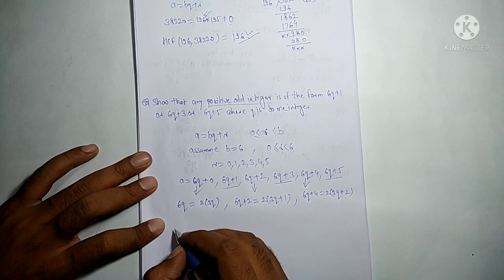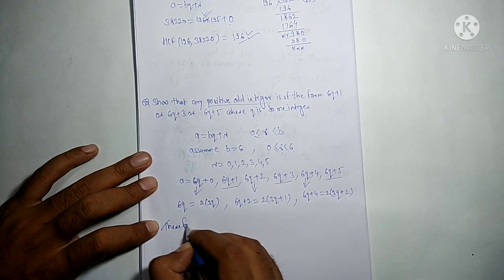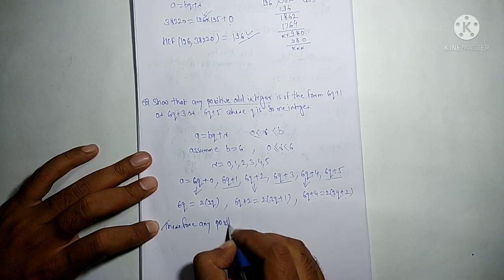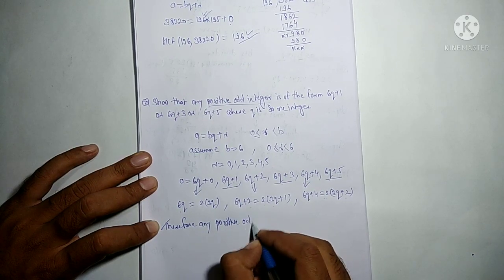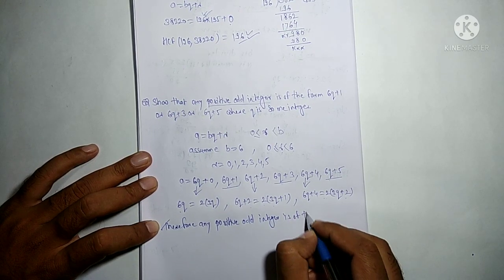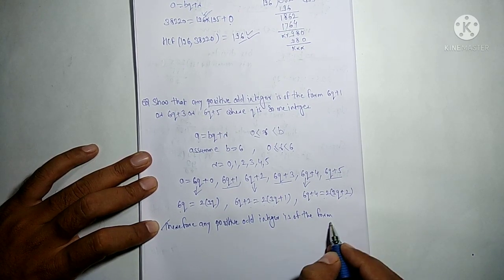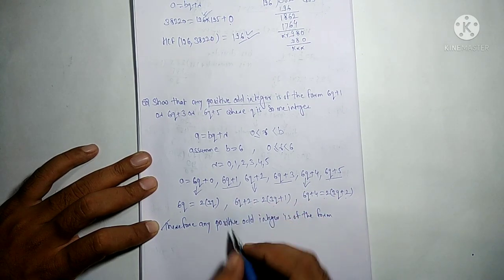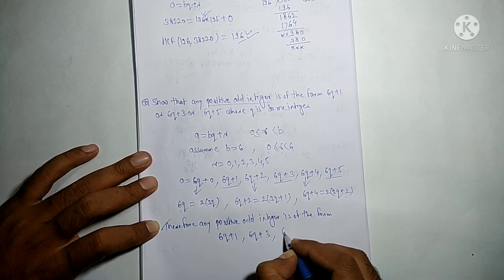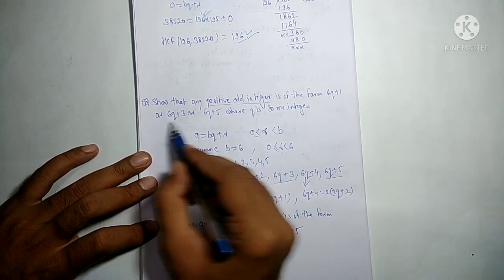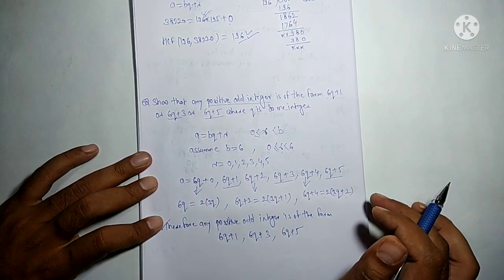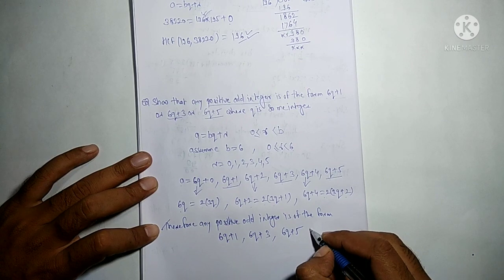Therefore we can say any positive odd integer is of the form, which form? In which form can we write it? 6q plus 1, 6q plus 3 and 6q plus 5. That is what the question asks. This is proved.